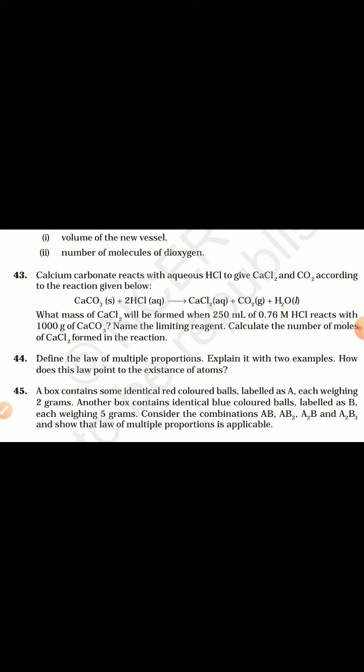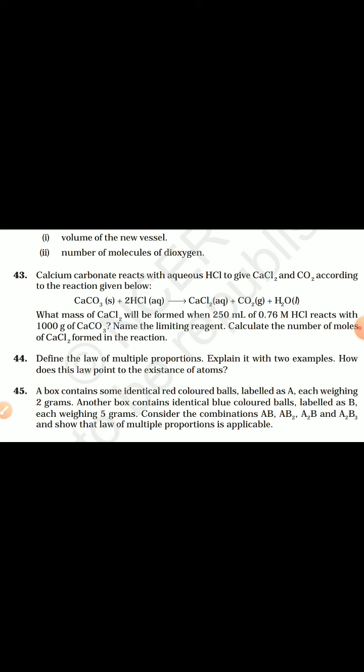So in the 250 ml, how many moles are present? For that purpose, I will do 0.76 into 250 divided by 1000, that is 1 divided by 4, and if I divide 0.76 by 4, that is coming out to be 0.19 moles. So in the 250 ml, the number of moles is equal to 0.19 moles.